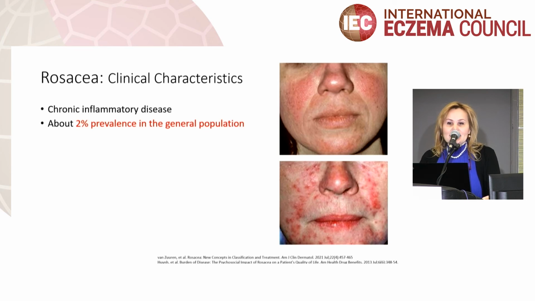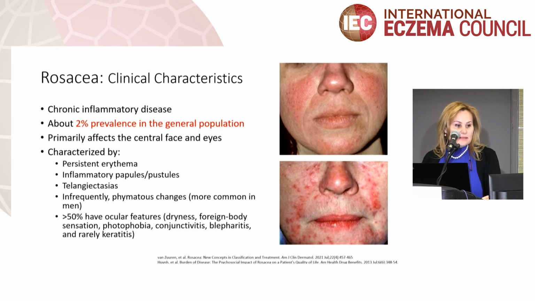Rosacea is another disease where a lot is unknown, again because it's on the face, so it's hard to do biomarkers in this area. It's a chronic inflammatory disease, about 2% prevalence in the general population, primarily affecting the central face and the eyes.